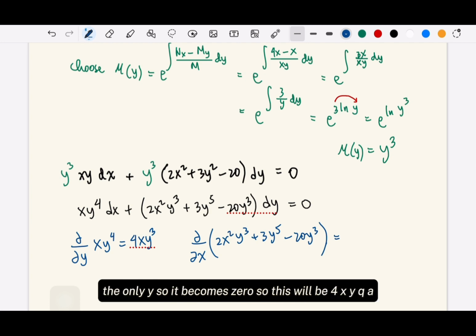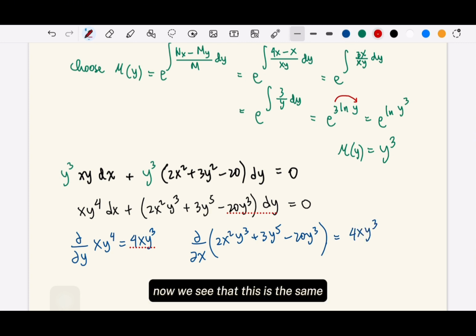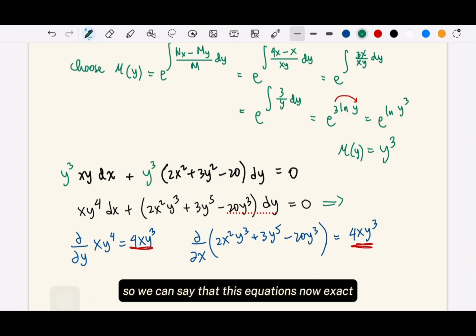So this will be 4xy cubed. Okay, now we see that this is the same. Both expressions are equal. So we can say that this equation is now exact.